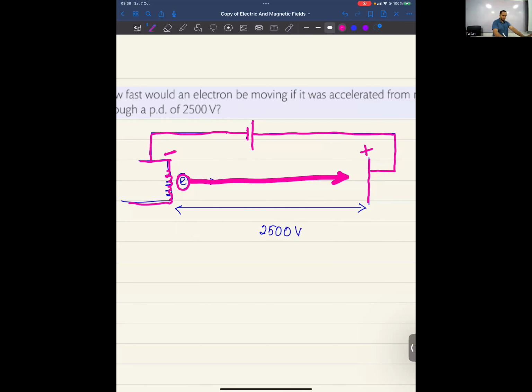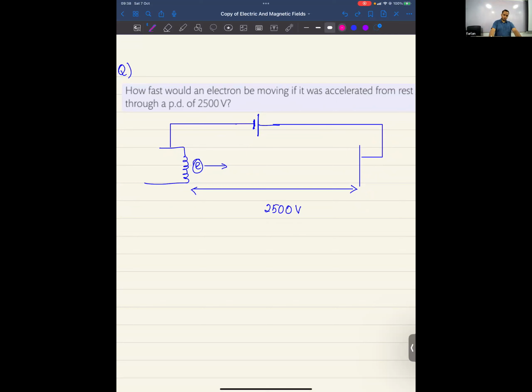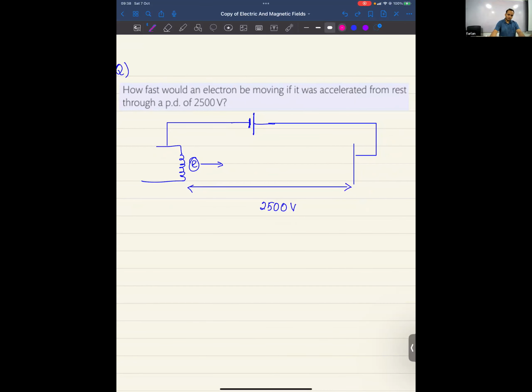It will never want to stay at a negative terminal, so it will run towards a positive terminal. So these electrons are going to accelerate. So the question is, how fast would an electron be moving if it was accelerated from rest through a potential difference of 2500 volts? By the time it comes here, what will be the speed?